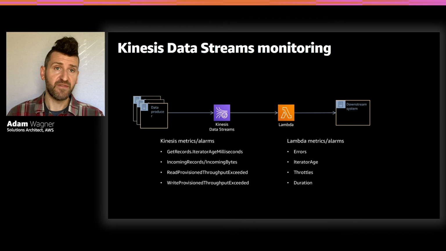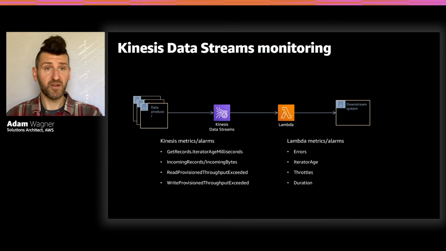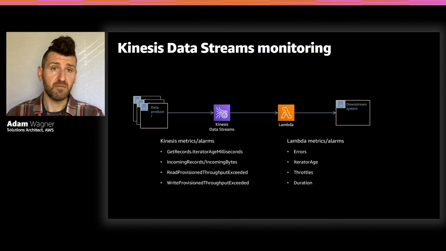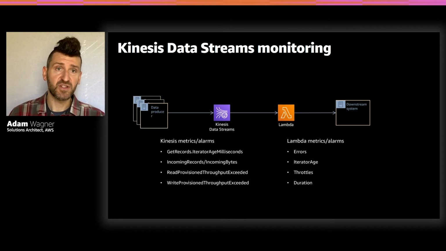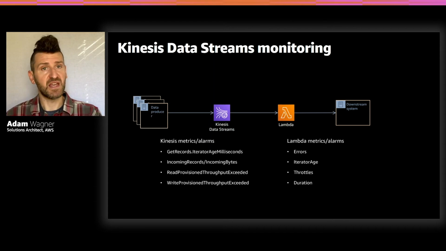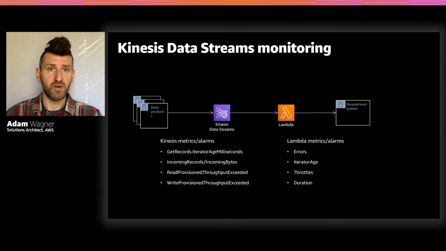So if that's a few milliseconds, you're basically very much caught up to now in the stream. If that starts to be 10 minutes, 15 minutes, 30 minutes, it means you're falling behind. So that's a good metric to look at to understand the performance of your Lambda function, and are you keeping up with that incoming stream of records or not? So an important one to see there.